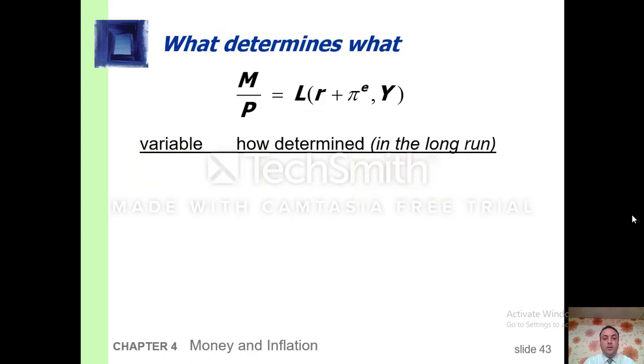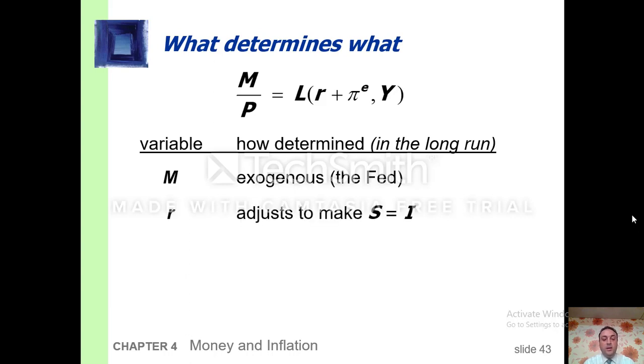According to this function, the variables in the long run are as follows. The money supply is determined by the central bank. The real interest rate adjusts to make the equilibrium between savings and investment. Output is a function of the factors of production according to the production function: capital, labor and technological development.